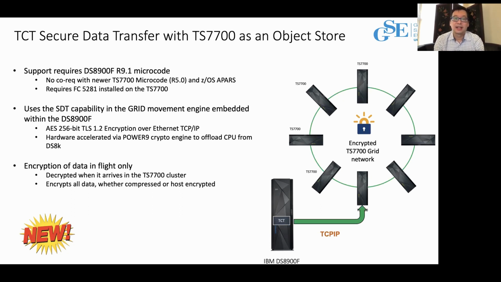This takes that and sticks it into the DS8000 so that we can participate in that same encryption. It's AES 256-bit TLS 1.2 encryption over TCP/IP, and again, hardware accelerated, so we're not impacting the DS8000's performance by doing the encryption.